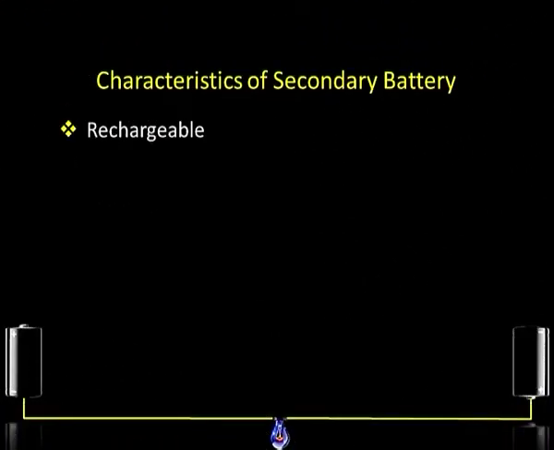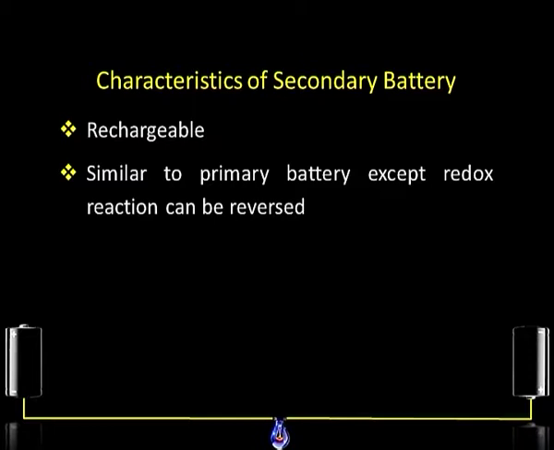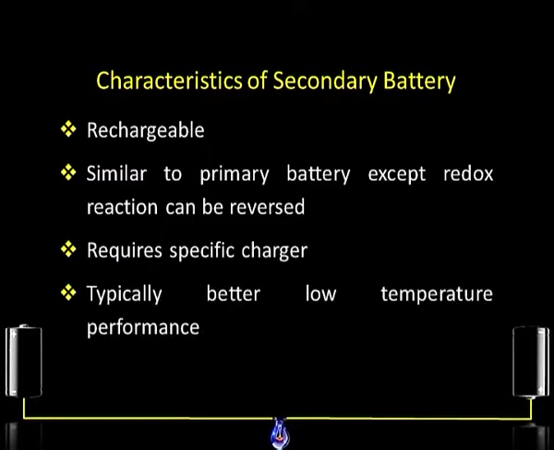Now the secondary batteries, as I have already told, these are rechargeable batteries. They can be recharged a number of times as per their capacity of the application. These are similar to primary batteries in all concepts, except once the chemical reaction has occurred in a battery, it can be reversed a number of times according to its capacity, but it can be charged through a specific charger only, and they have better low temperature performance and very low maintenance is also required.